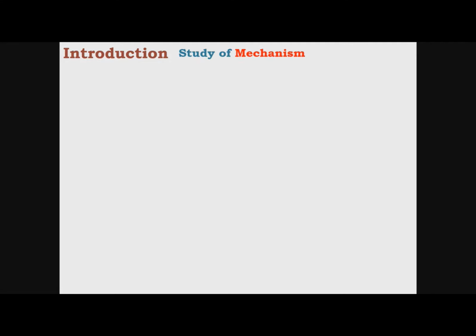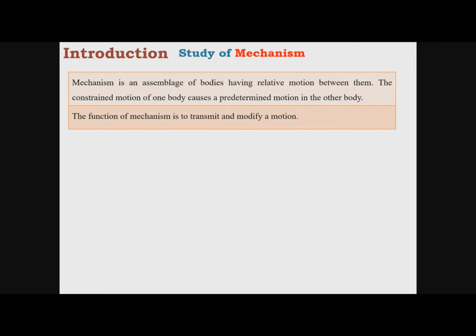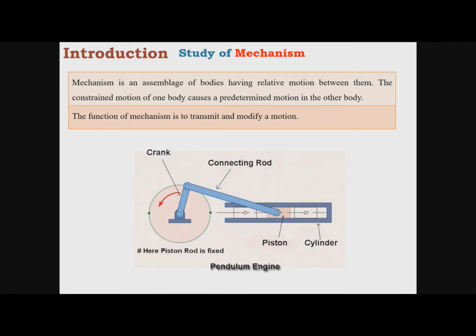So let us understand what is a mechanism. A mechanism is a collection of bodies that have relative motion between them. These bodies are so connected that they have a definite motion. The function of a mechanism is to transmit and modify motion.